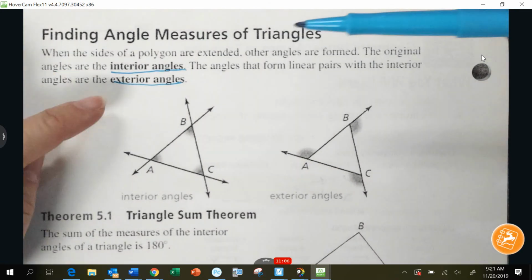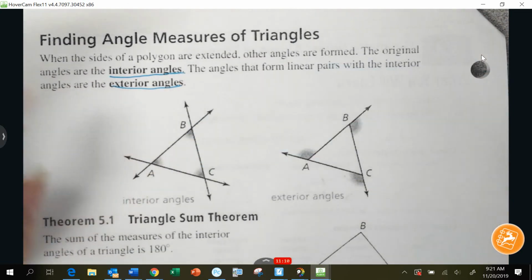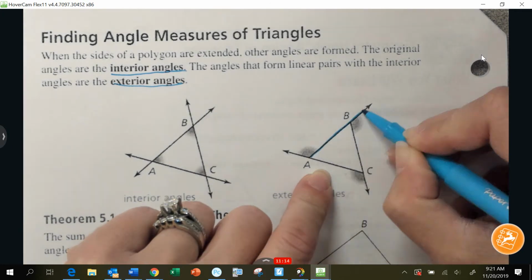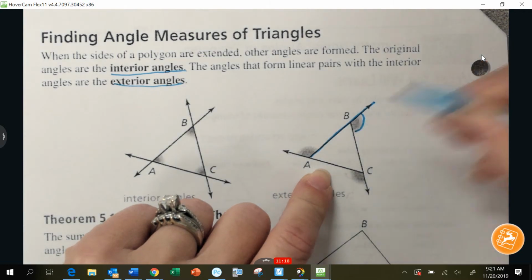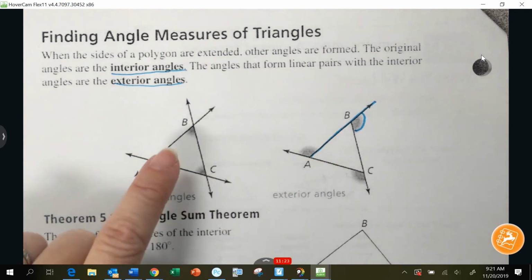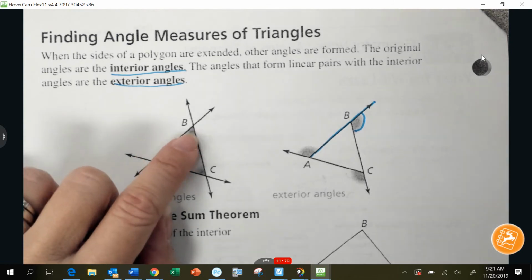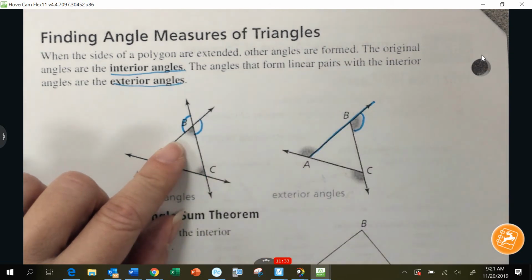Interior angles and exterior angles. Interior angles would be inside of the triangle. Exterior angles would be if you extend any side of the triangle, it would make an angle with another side of the triangle. So in my first picture, I will show you some exterior angles that are at point B. Exterior could be this one, and it could be this one.